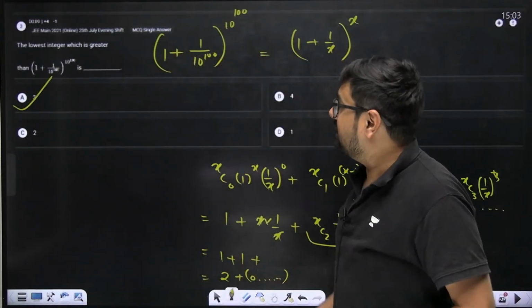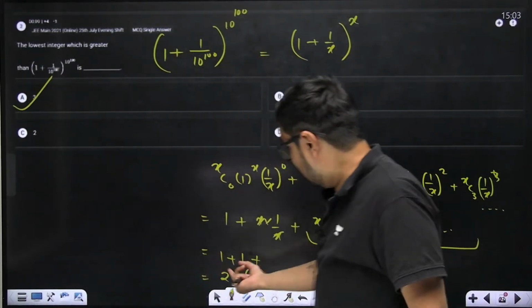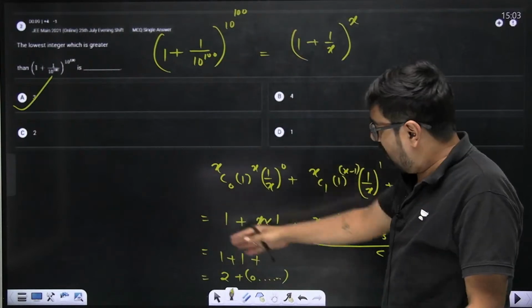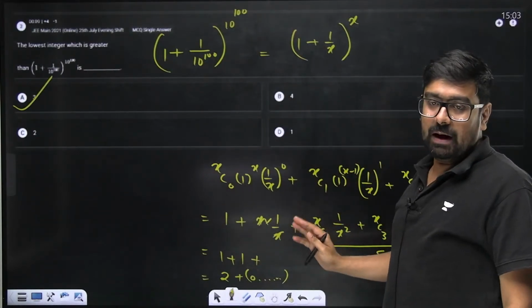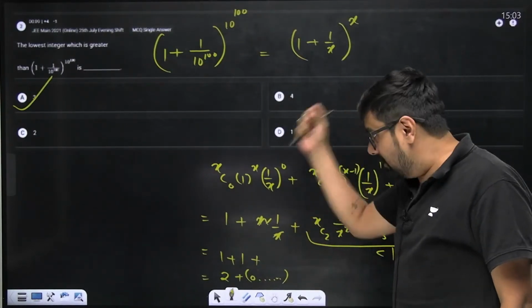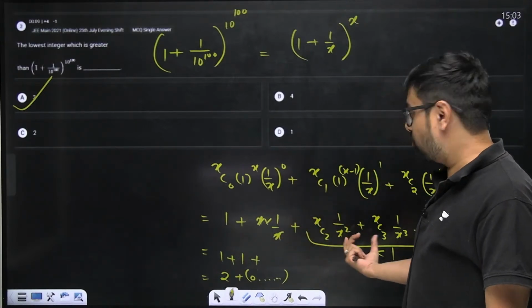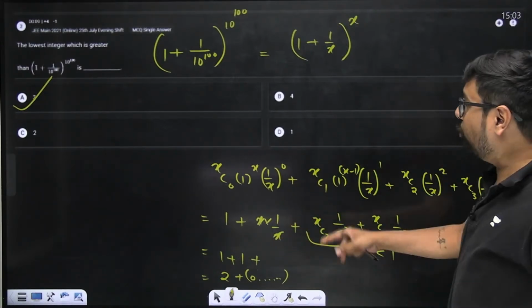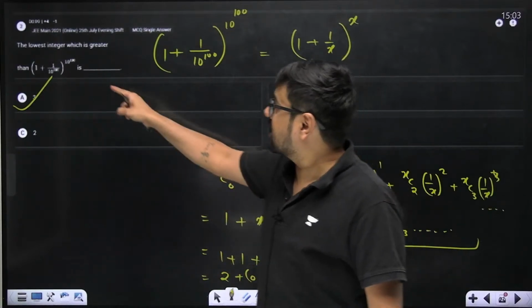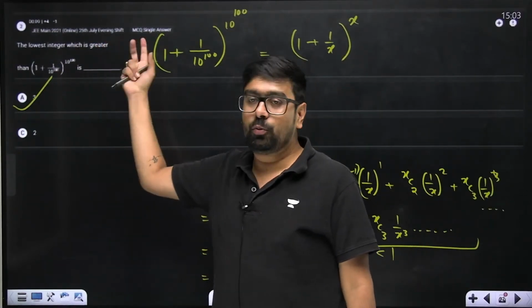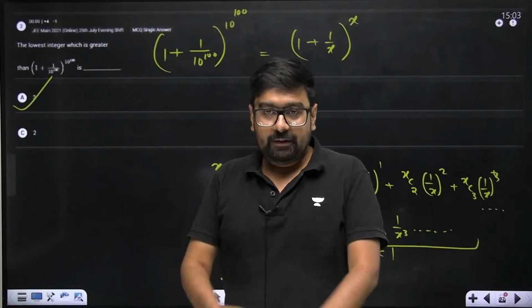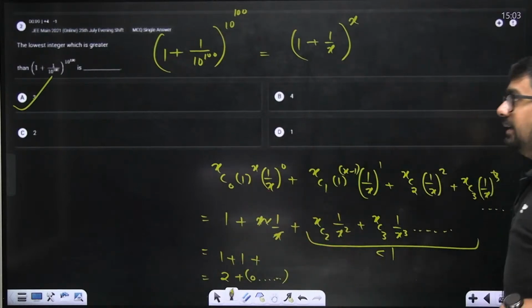This will always be 2 point something, because 1 + 1/x to the power x will always be 2 point something, since this part is going to be less than 1. The lowest integer greater than 2 point something is 3. So very easily this question can be realized and solved.